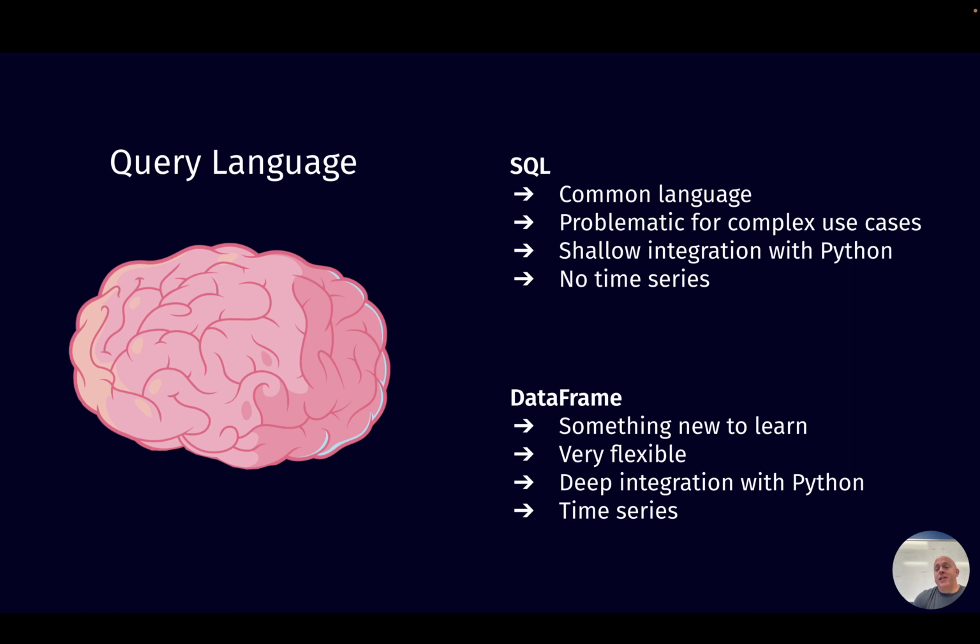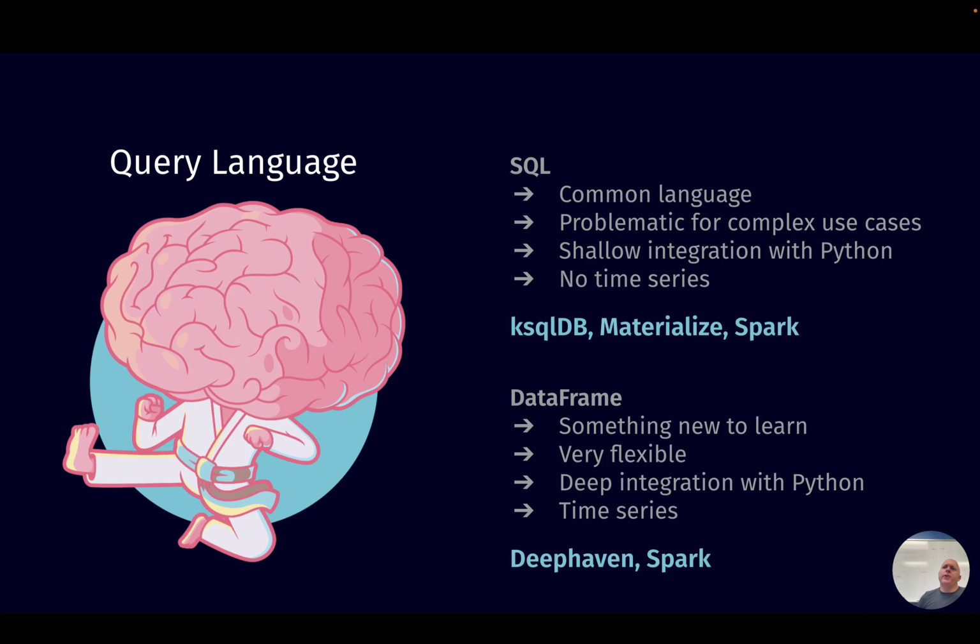They have deep integrations with Python, and they support time series. So if you're looking for a SQL type language, something like ksqlDB or Materialize or Spark are query engines that support this. If you're looking for a data frame type language, Deephaven and Spark would support that.